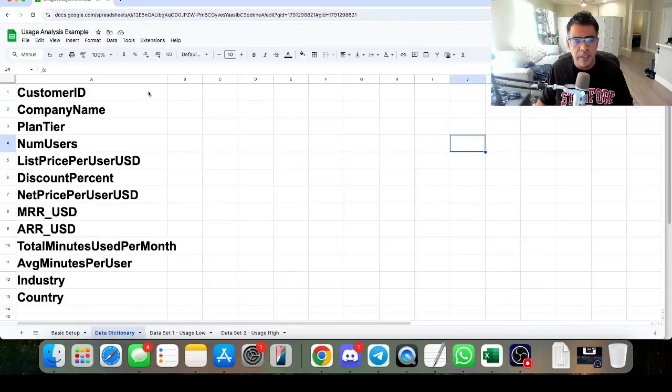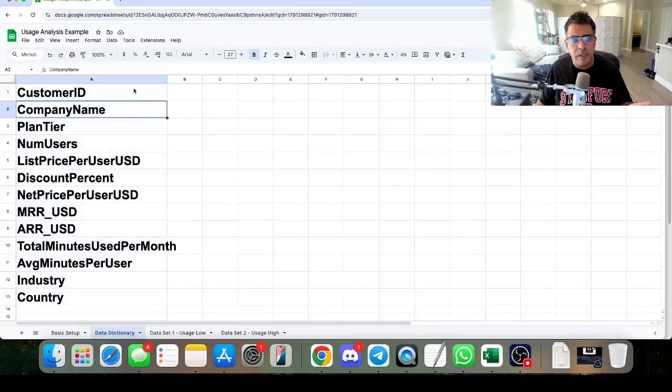This data set is very similar to what you may get from your own CRM. You may get customer ID, company name, the plan, the tier that you sold, the number of users that this particular customer bought, the list price for that tier, the discount percentage, the net price that this was actually sold at, the monthly recurring revenue in USD, the annual recurring revenue for that account in USD.